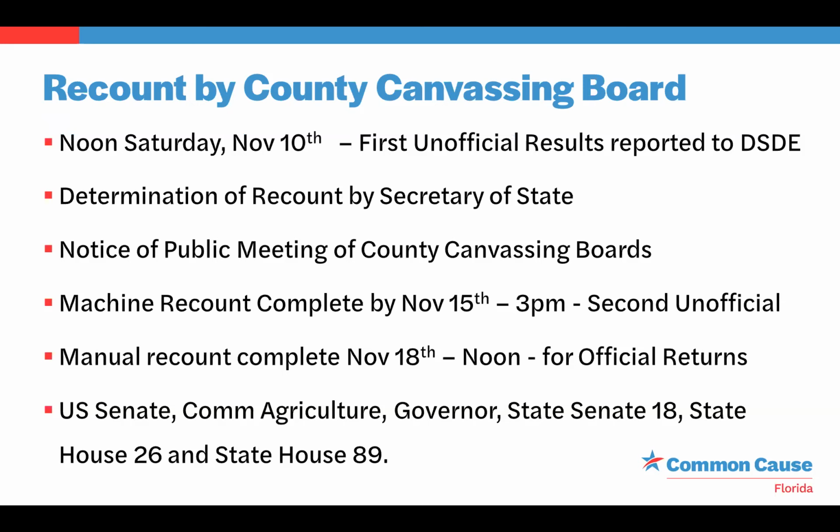The notice of a public meeting of a canvassing board then became as soon as possible, with a specified date and time. So the supervisors of elections are required to post on their website, on the front page, homepage, that they are conducting a recount of an election.